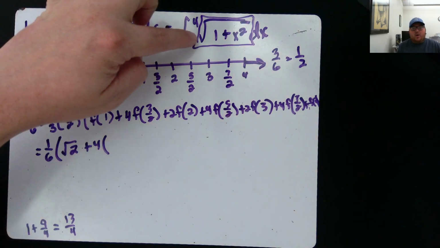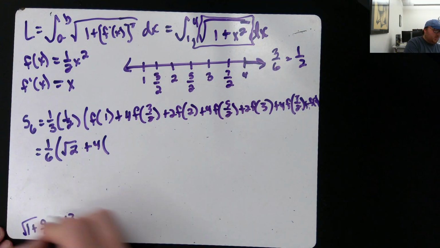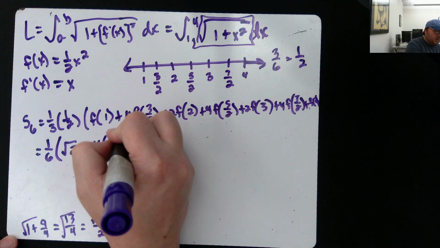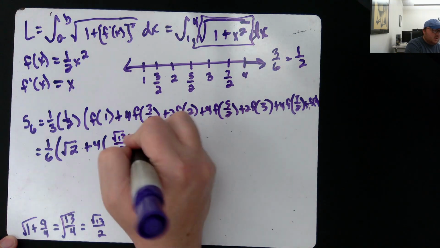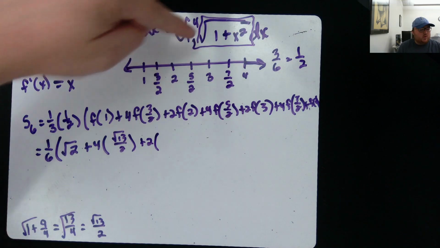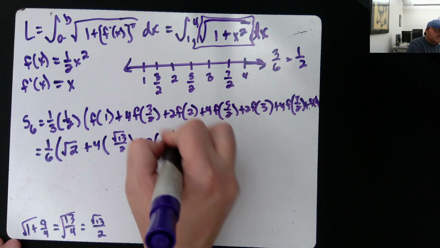But I'm taking the square root of it. Square root of 13 we can't do, but the square root of 4 is 2. Square root of 13 over 2. Plus 2 times f of 2. 2 squared is 4. 4 plus 1 is 5, so that's the square root of 5.